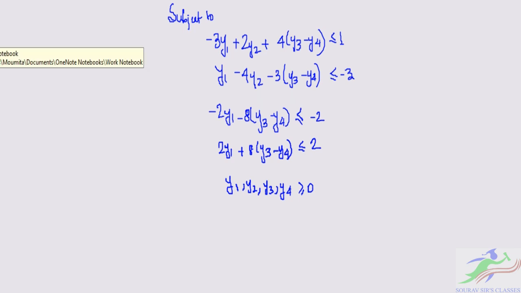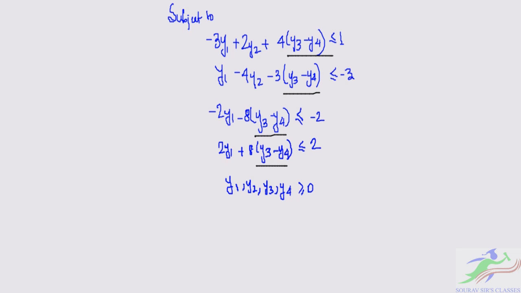So the term y3 minus y4 appears in both the objective function and the constants of the dual.